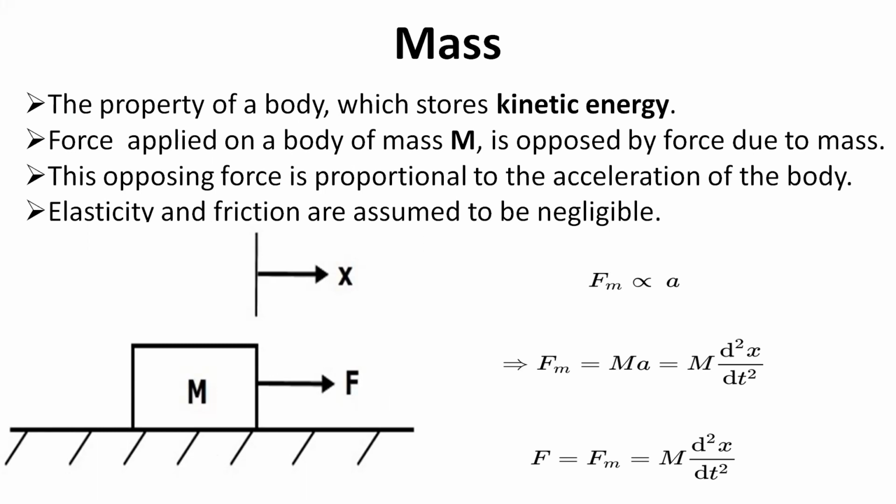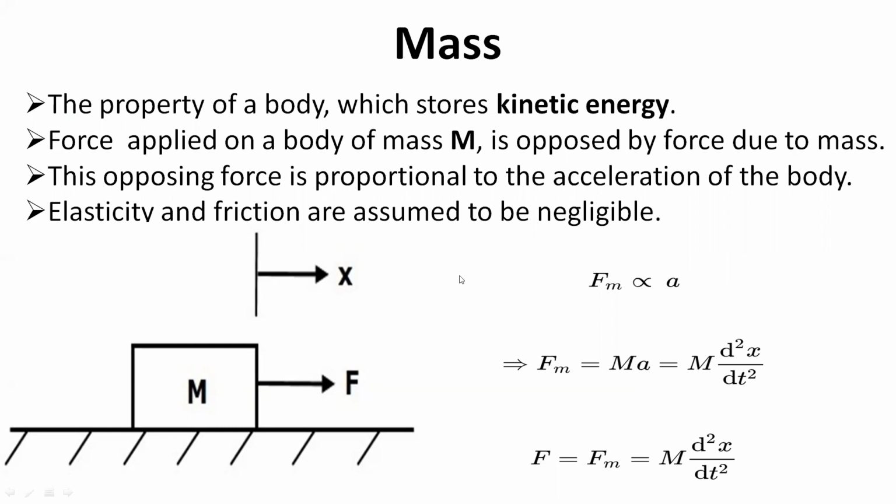Assuming elasticity and friction are negligible, we get Fm, the force because of the mass, is proportional to a, and F is equal to ma, where a is the acceleration, d square x by dt square. So F is m into d square x by dt square.